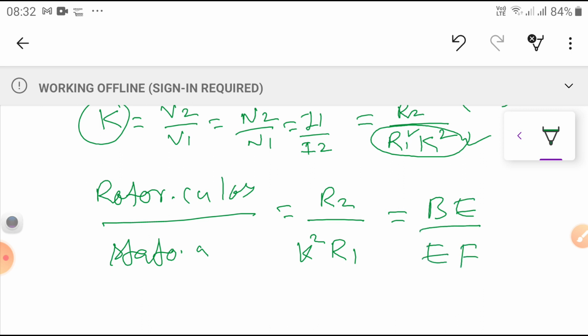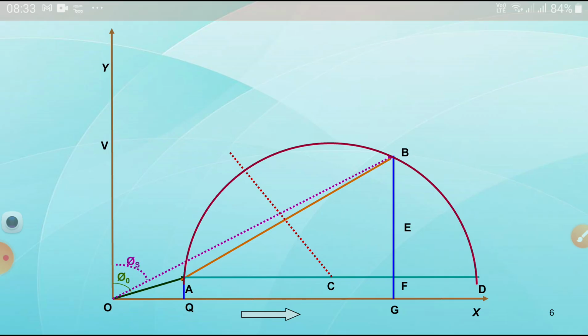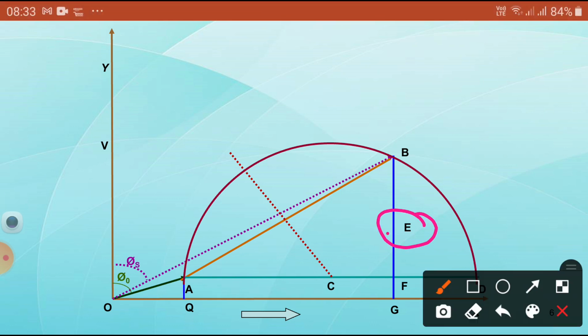In such a way you can locate the E point. Let us see our class. Now in this case you calculated the location of this point. So how to locate in a squirrel cage rotor and how to locate in a wound rotor, we know that. After knowing this, join the A and E line.